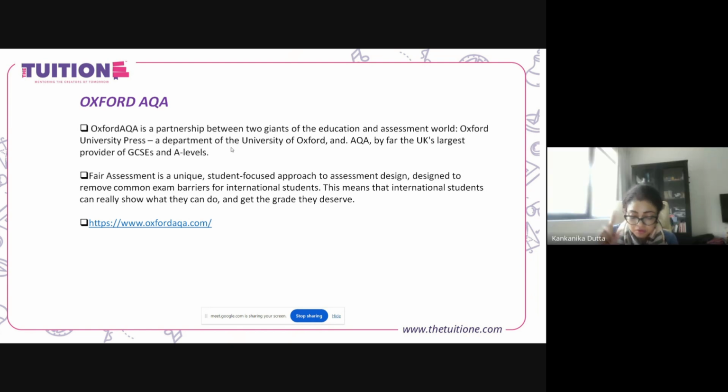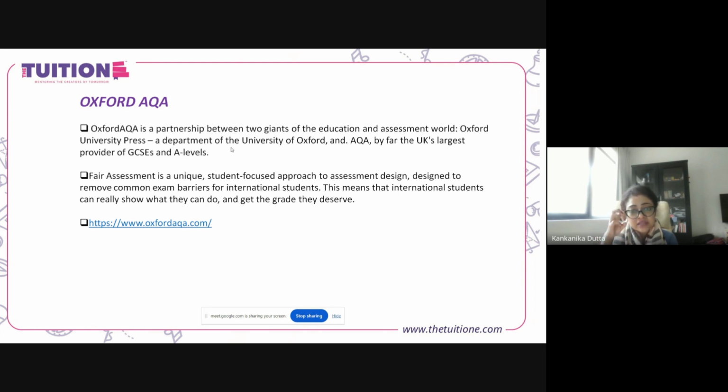I will give you a detailed look. Oxford AQA is actually specially designed for people who are not native speakers of English. It is mainly project based, with real life tasks, and I'll go into the fair assessment later.